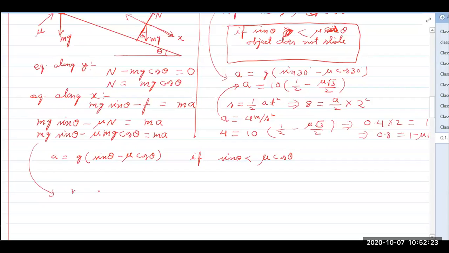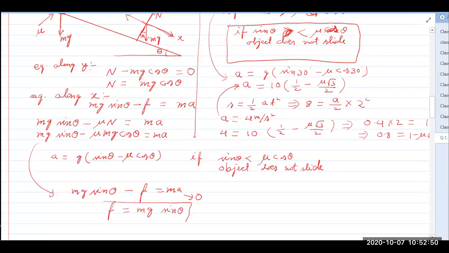So we will directly write mg sin theta minus friction equals ma. The friction will not reach its maximum value, and the acceleration will be 0, because the object does not slide. In this case the friction will be equal to only mg sin theta.